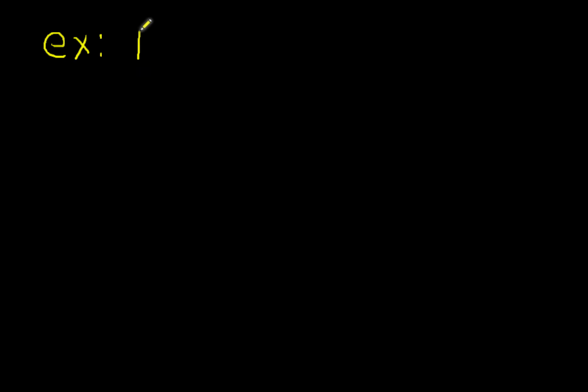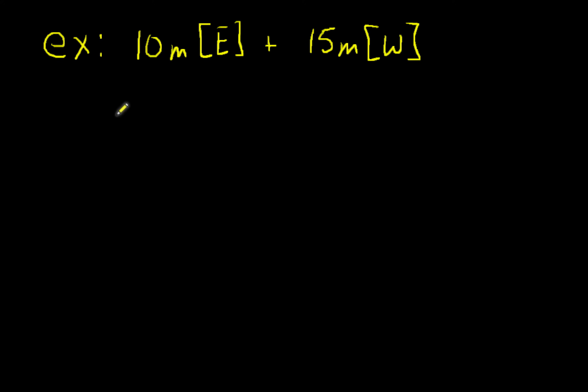Example: 10 meters east plus 15 meters to the west. These two vectors are also collinear because east and west point along the same line. In this case, the diagram draws the tail of the second vector next to the tip of the first so that they're lined up.